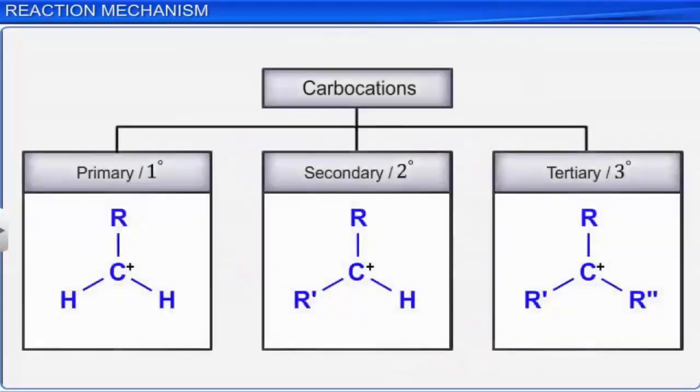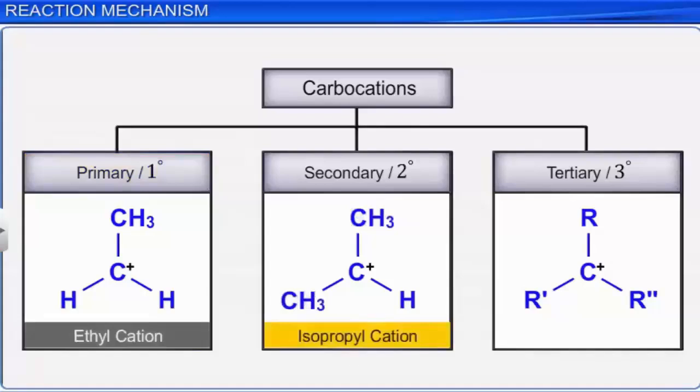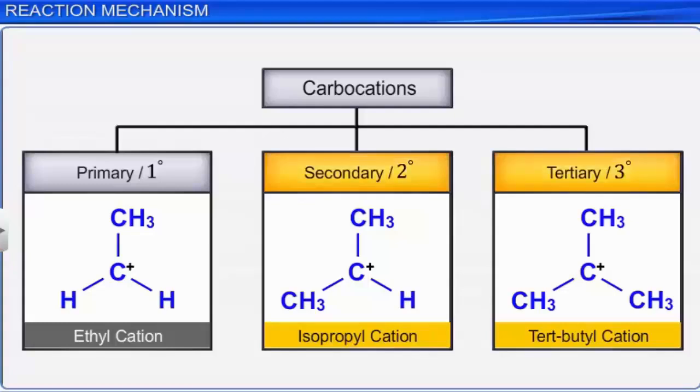Depending on the number of alkyl groups directly attached to the positively charged carbon, carbocations are classified as primary, secondary and tertiary carbocations. For example, ethyl cation is a primary carbocation, while isopropyl carbocation and tert-butyl carbocation are secondary and tertiary carbocations respectively.